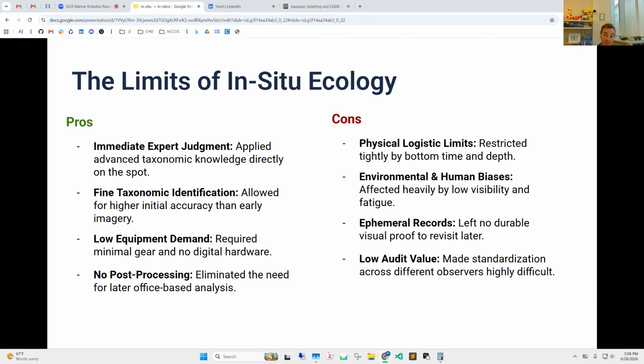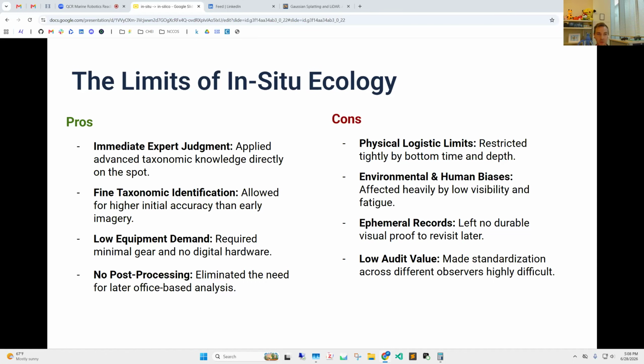And accuracy tends to drop if you're a diver and you start getting tired or the visibility worsens. If you've been scuba diving, you know the conditions change while you're down there. And most importantly, if two experts disagree, there's no objective visual record to go back to and audit.